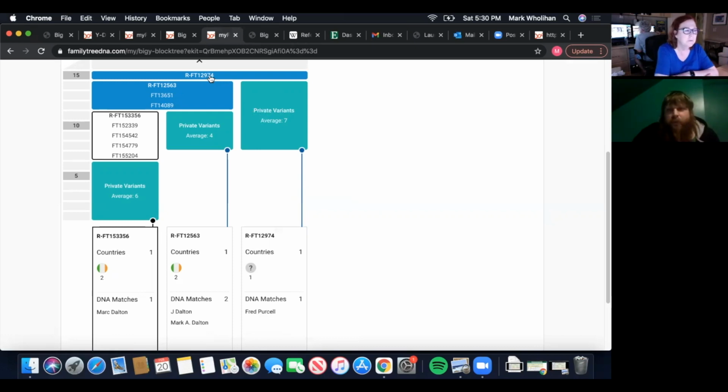Okay. So it's possible he might have been born, let's say, 1000 AD. And then this guy, RFT 12563, was born during the time when surnames were being used and had the surname Dalton.